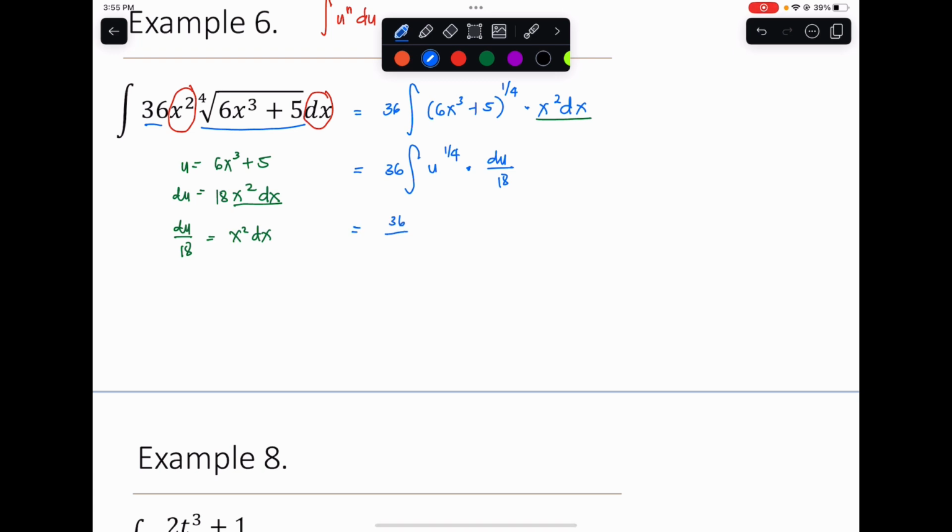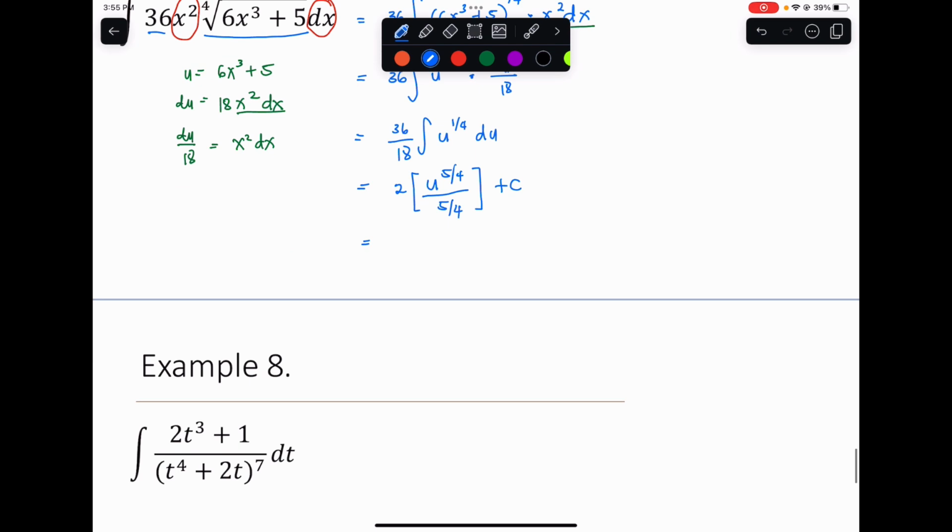So 36 over 18, the integral of u raised to 1/4 du. 36 over 18 is 2, multiplied with u raised to 1/4. So u to the power 1 plus 4, which is 5 over 4, divided by 5 over 4, plus c. Dividing by 5 over 4 is the same as multiplying by the reciprocal, 4 over 5.